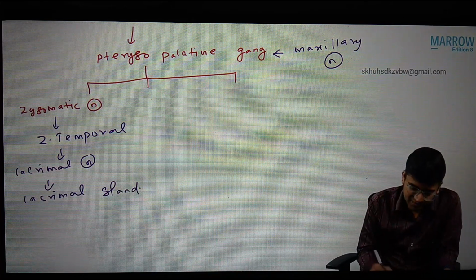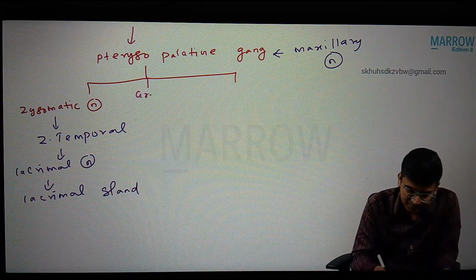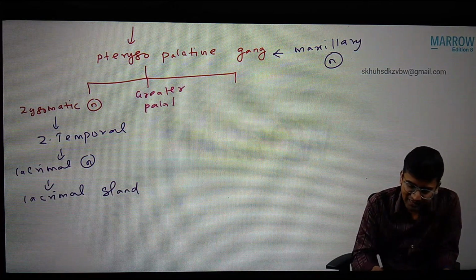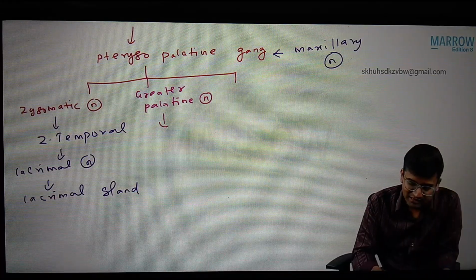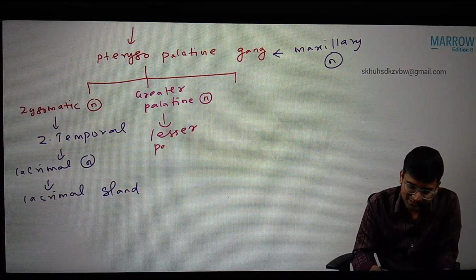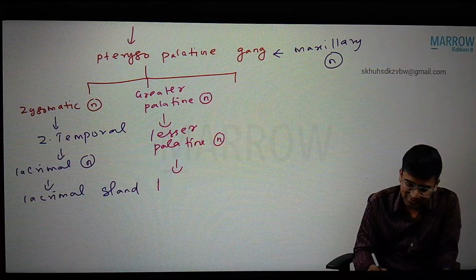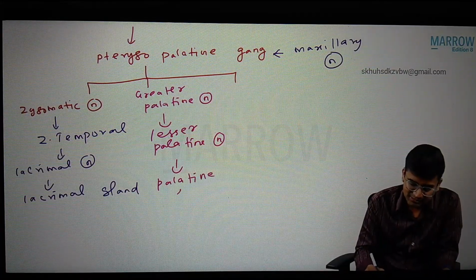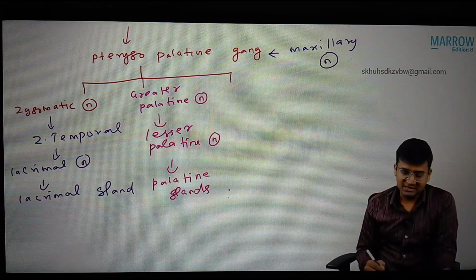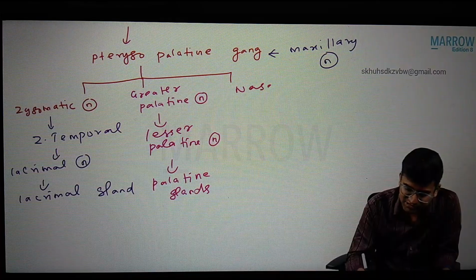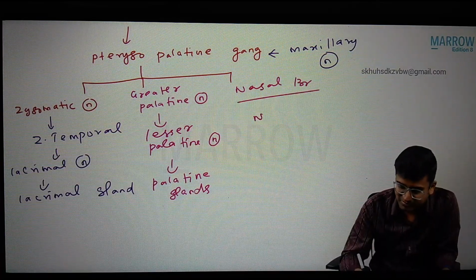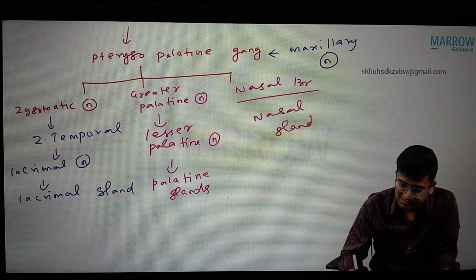And then the greater palatine nerve and the lesser palatine nerve, which in turn supply the palatine glands. And via the nasal branch, it supplies the nasal glands.